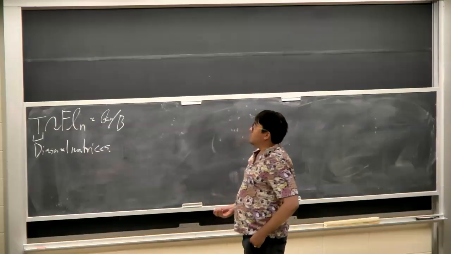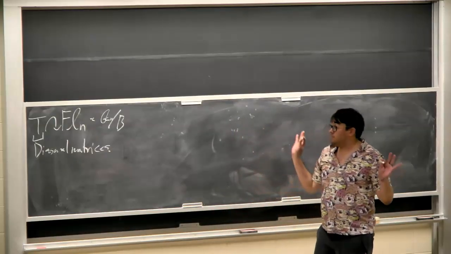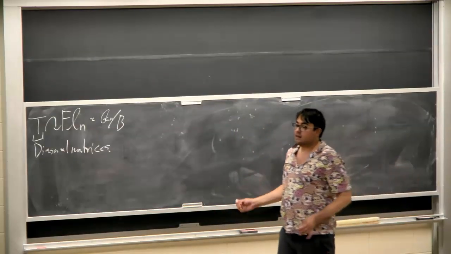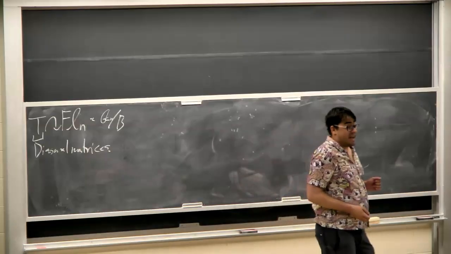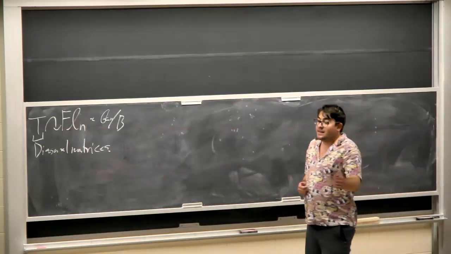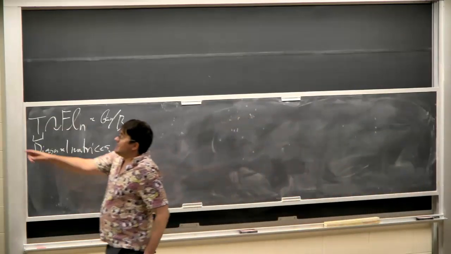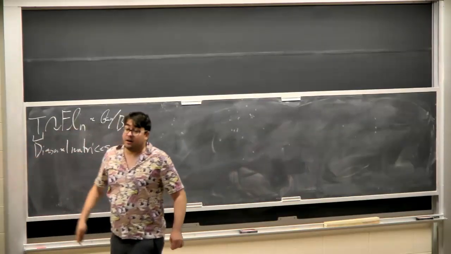So first of all, what are the flags that are fixed by the torus scaling? We need flags of subspaces so that if I scale any coordinate direction, it doesn't change what any of the individual subspaces are.